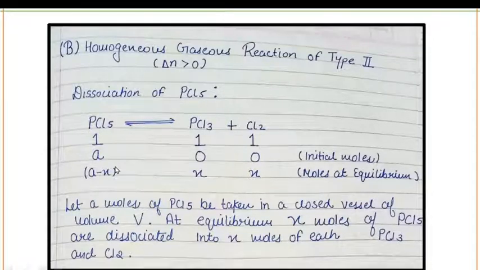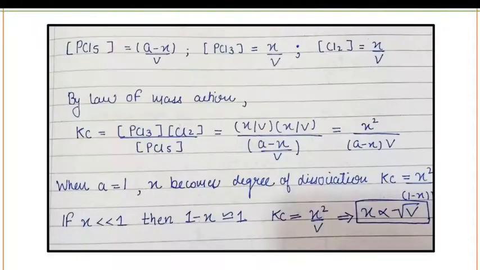So PCl3 moles will be X and Cl2 moles will also be X.